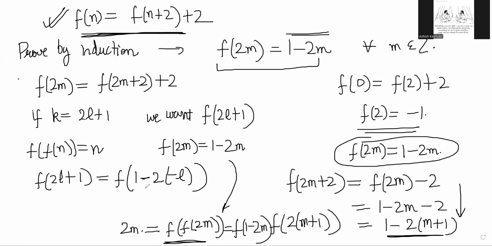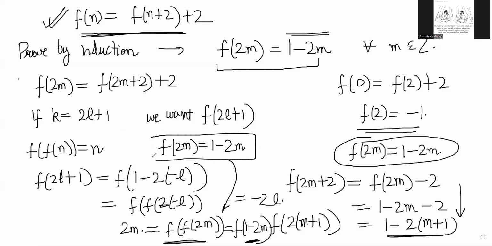So I have 1 minus 2 times minus L, which is the same as, in this relation, m is minus L. So this is same as f of 2 times minus L, right? Which is going to be minus 2L, right? So using this condition and this relation, we are getting the value of f of 2L plus 1.